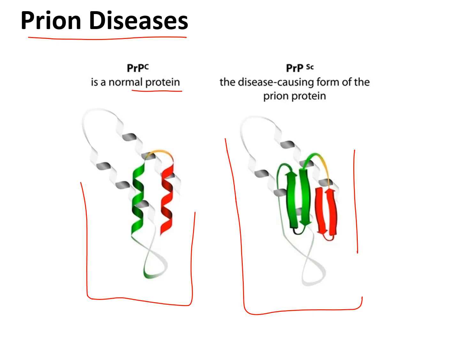One example of a prion disease is mad cow. So mad cow is where a protein in the neurons folds in an unusual way, changes its function, and then that changes the function of the neurons, leading to mad cow disease.